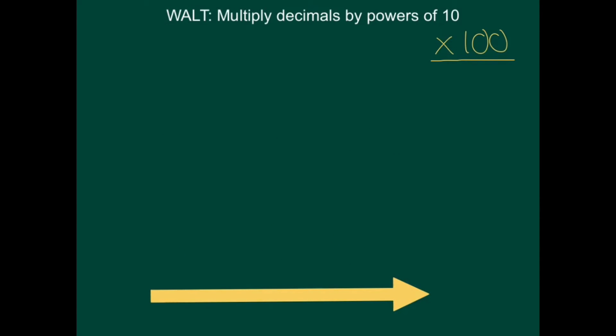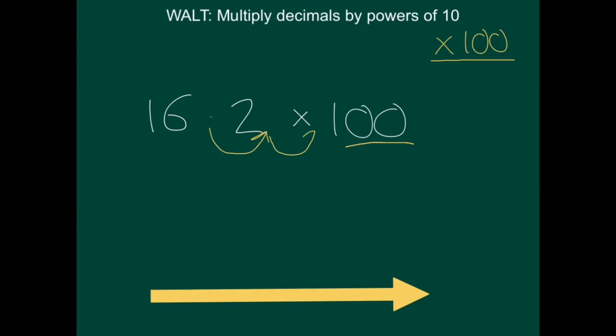Alright, let's put a trickier example in now. What do we do if we get the number 16.2 times 100? It looks easier, but it's actually a little bit trickier because we don't have all the numbers to make it nice and easy to move our decimal place to. So let's see what we do. So of course, because we are multiplying by 100 and it has two zeros in it, we're going to move our decimal place two places again. So it's going to go here, and that's one, and then again for another.